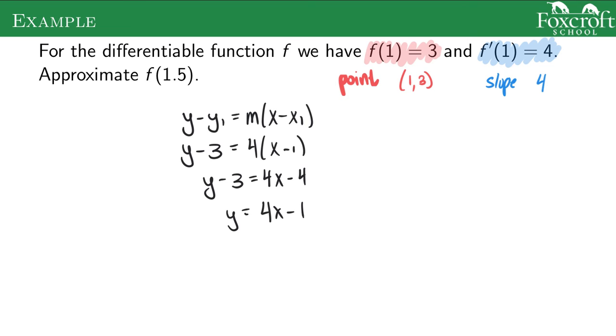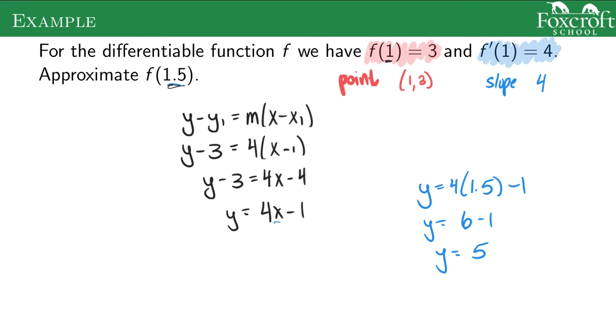And what I said in the previous slide was this tangent line basically approximates the original function for values close to 1. And 1.5 is fairly close to 1. So now that I have the tangent line, instead of plugging in 1 into this expression, I'll plug in 1.5. All right, 4 times 1.5 is 6. 6 minus 1 is 5.